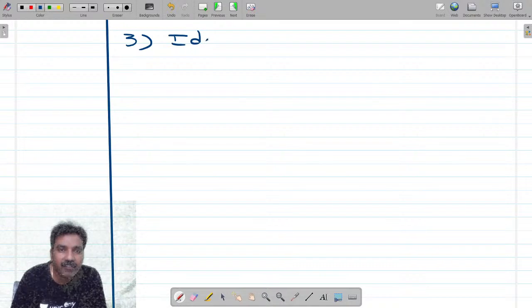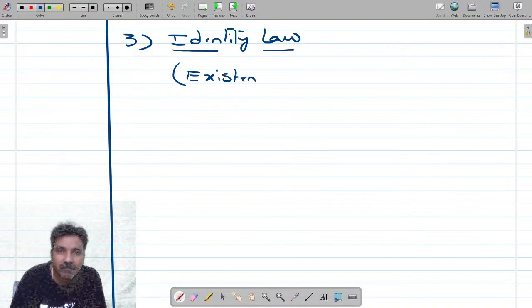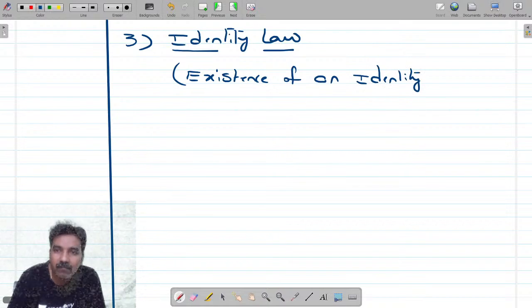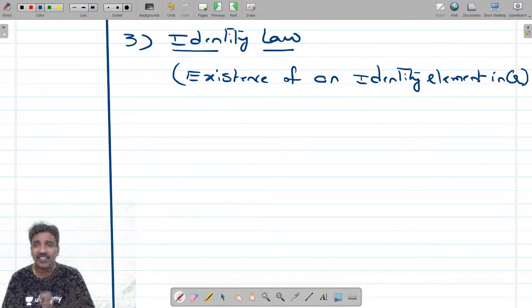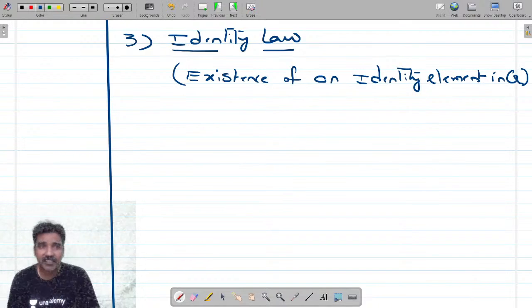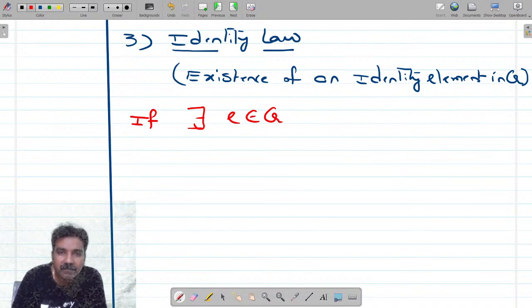Next, third one is very, very important. That is identity law. It means existence of an identity element in G. Let us see, when do you say that an identity element exists? What is called an identity element? Look at this. Suppose there exists E belongs to G. This stands for there exists.